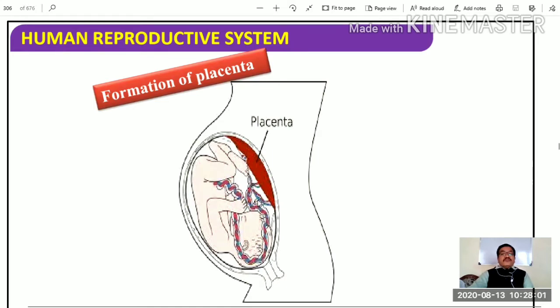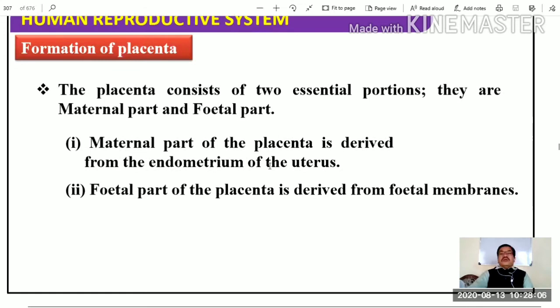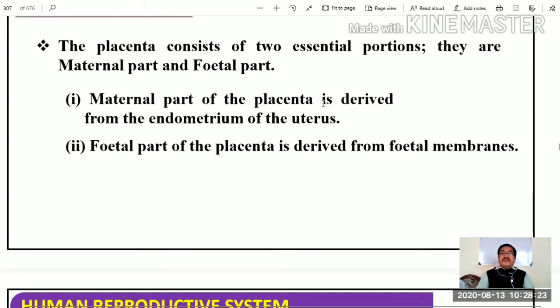The placenta consists of two essential portions. Number one is the maternal part, which comes from the mother, and the fetal part, which comes from the fetus. The maternal part of the placenta is derived from the endometrium of the uterus.